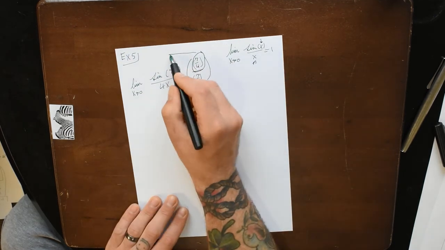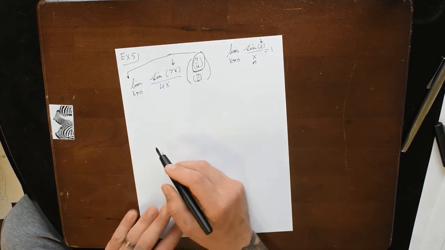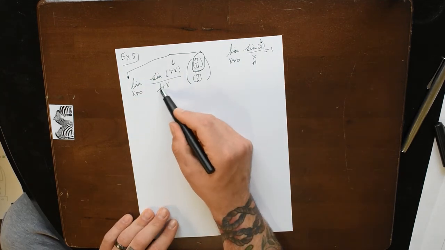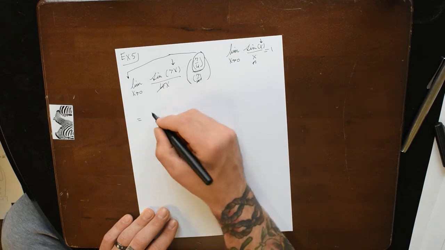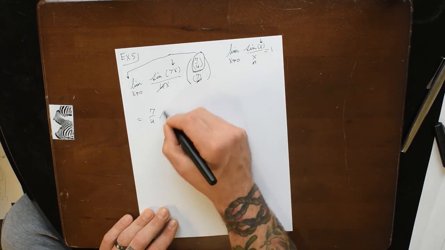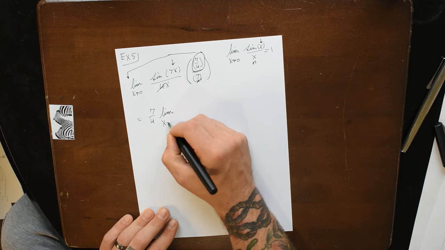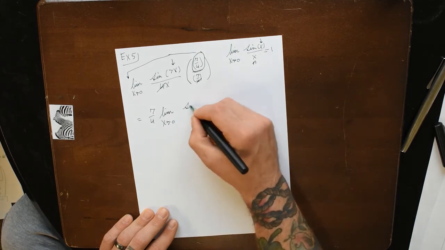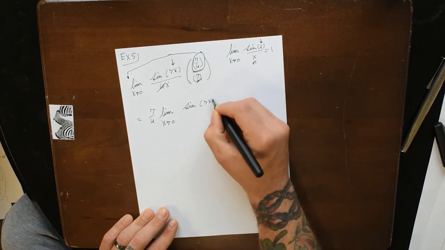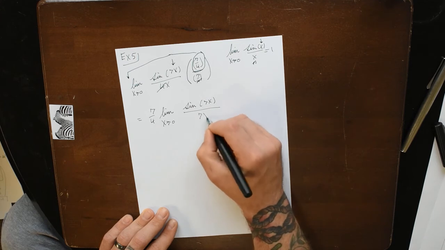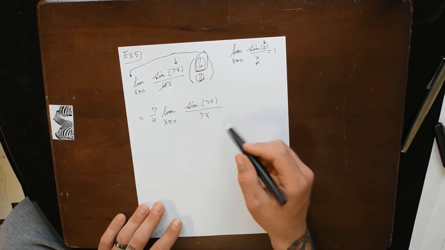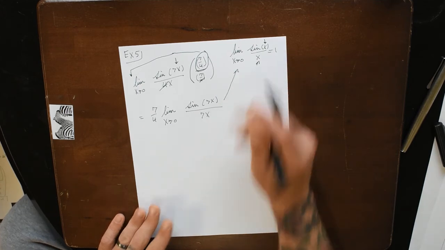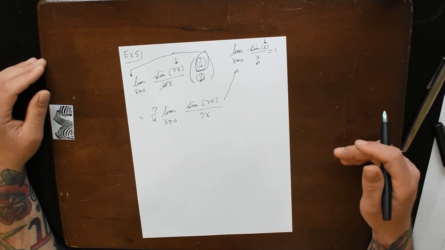So I'm going to take this 7/4 and move it out front. And this 4 is going to cancel out with that 4. And what we're left with is 7/4 times the limit as x goes off to 0 of the sine of 7x divided by 7x. So, this is effectively that, just written a little bit different.